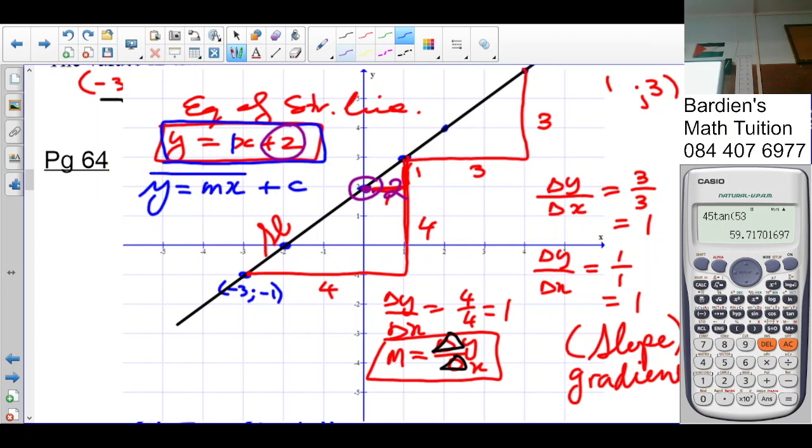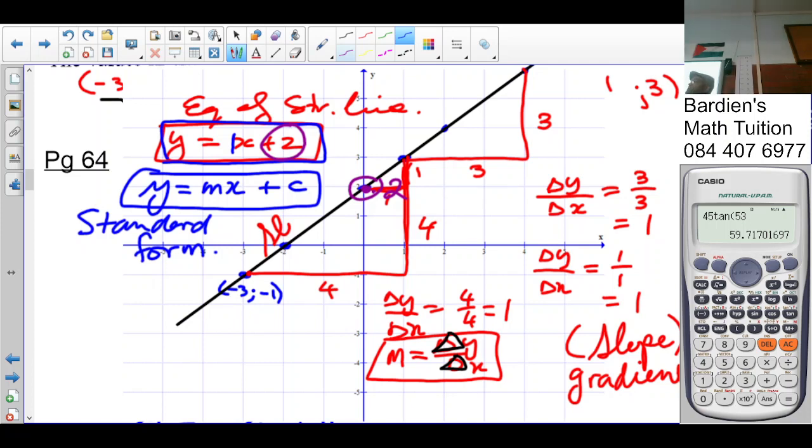And this is your standard form of your equation. The standard form of a straight line graph is y is equal to mx plus c.